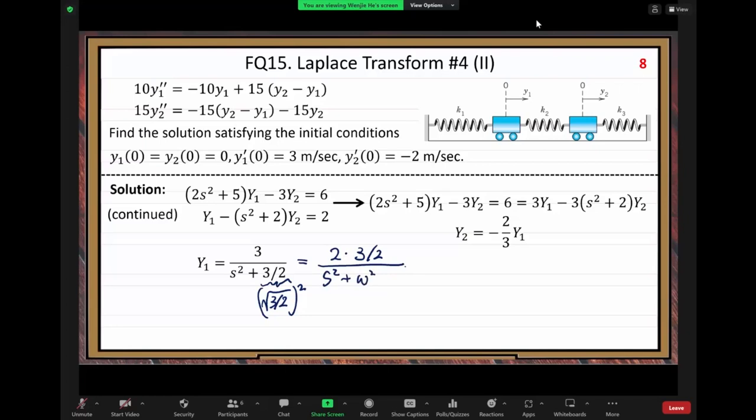All right. Then 2 times root 3 over 2, this time is sine omega t. Okay? Yeah? And the constant, this you can simplify to 6.